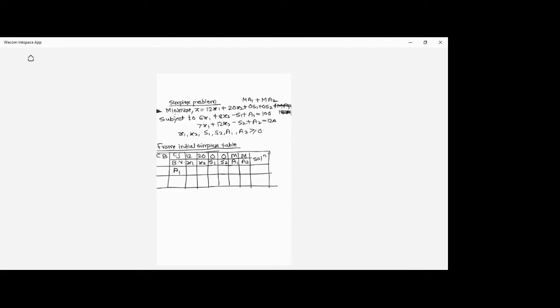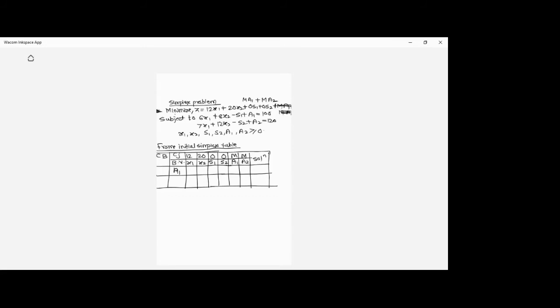In our first constraint, there is slack variable s1 and there is artificial variable a1, so for the basic variable in the initial simplex table, you give priority to the artificial variable.